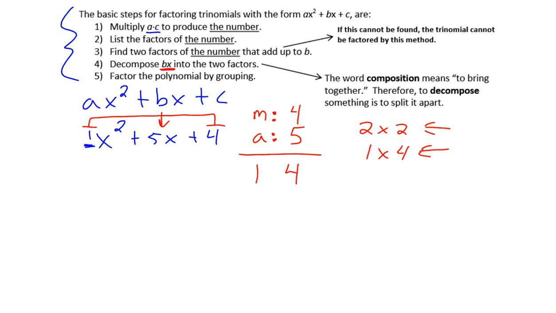So all we're going to do now is rewrite this as x squared plus, and then instead of a 5x, it's going to be a 1x and a 4x. We're decomposing it into its parts. So that's going to be plus 1x plus 4x, right? That's what that was. And then plus 4.